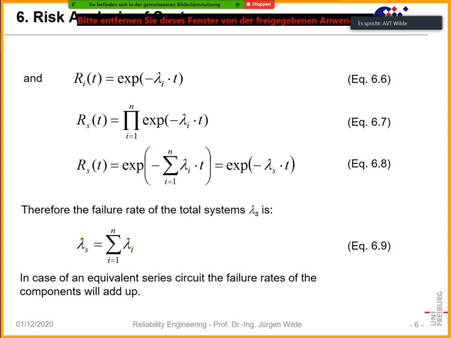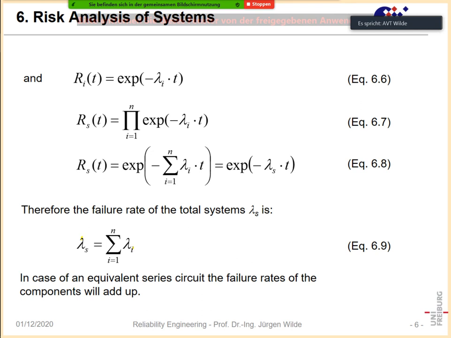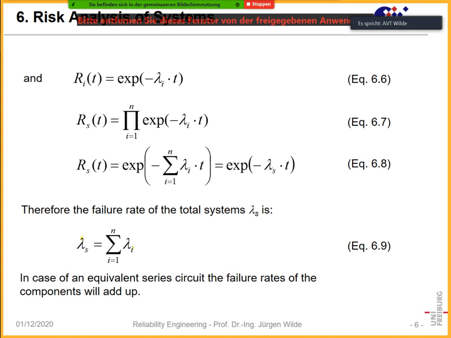So the reliability, as we have seen, is e to the power of minus lambda e times t. And now we put that in this product formula. And the system reliability is the product of all e to the power of minus lambda e t.